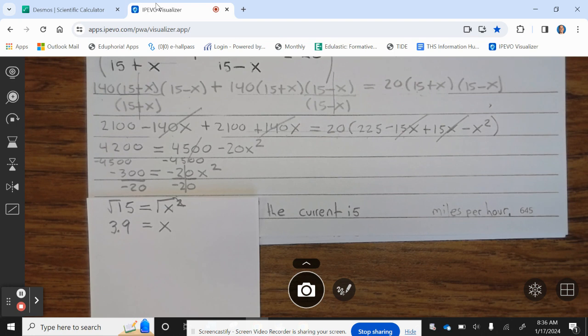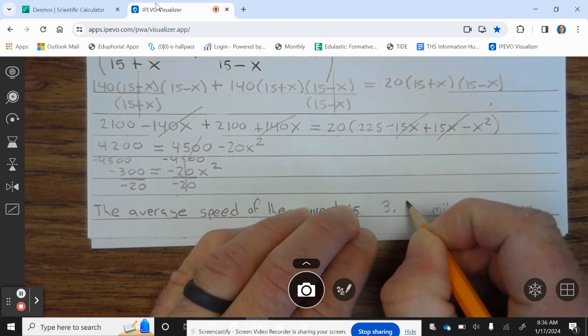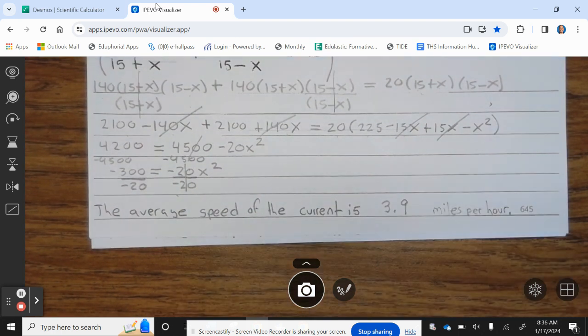So the average speed of the current is 3.9 miles per hour. All right, go ahead and finish that up.